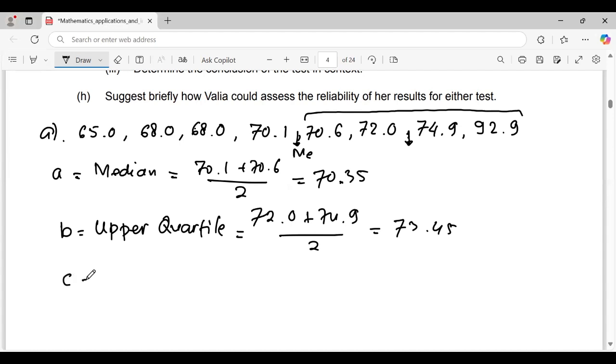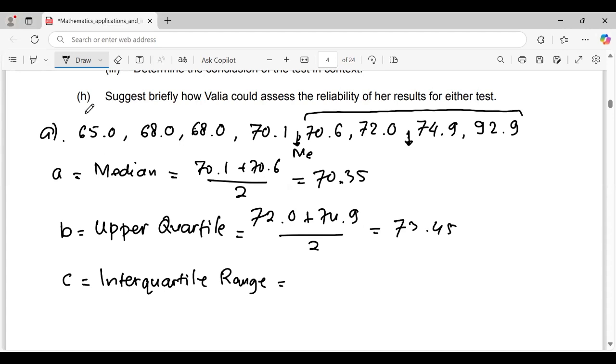And next C, according to table 2, this is the interquartile range. Interquartile range is upper quartile minus lower quartile.